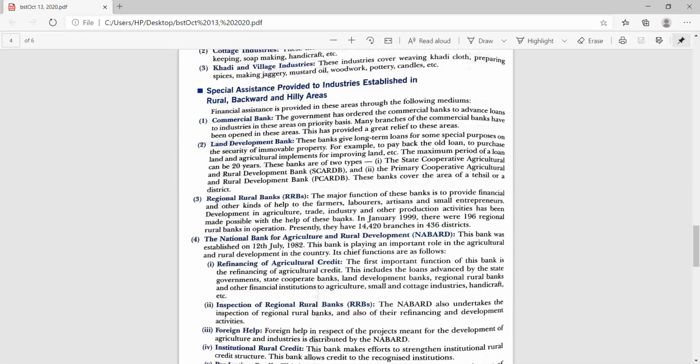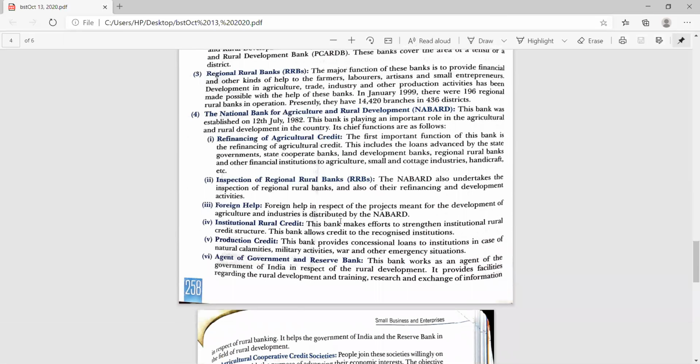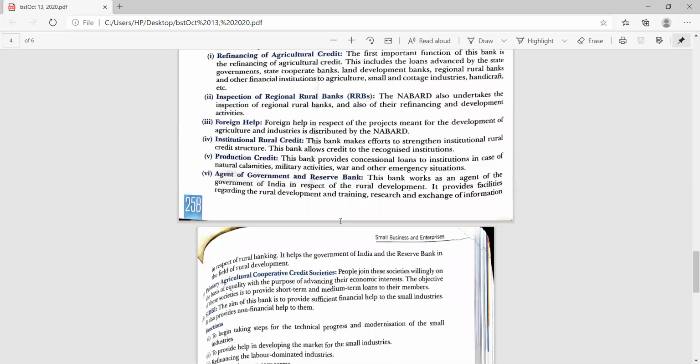Similar to that, in case of small scale industries, NABARD is the bank that takes care of all agriculture and rural development. What are its functions that you have to learn? Please mark this topic from the examination point of view. You may have a separate note about NABARD as well.